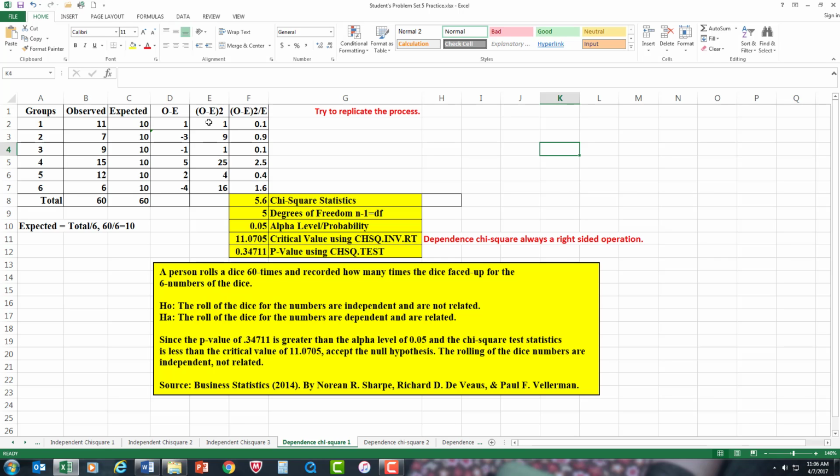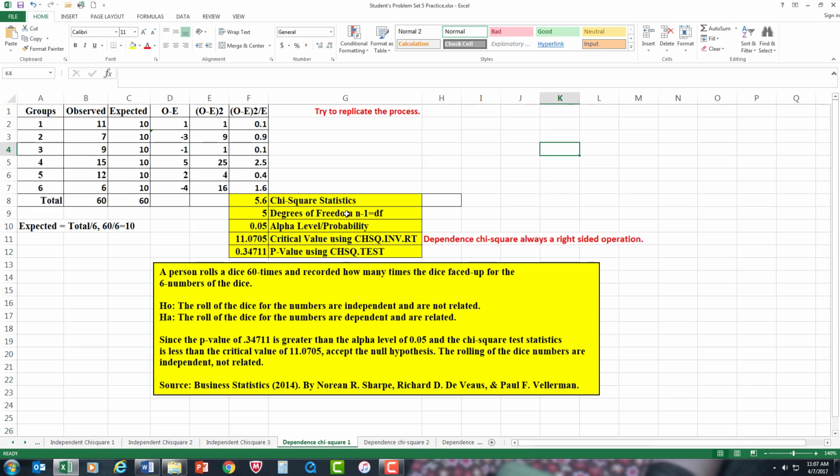You want to have a column for the square of the observed minus the expected, and then to conclude, to get to the chi-square statistic, you now need to take the squared number and divide it by the expected number, and we'll go over that in a moment.